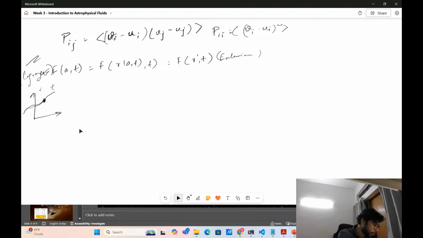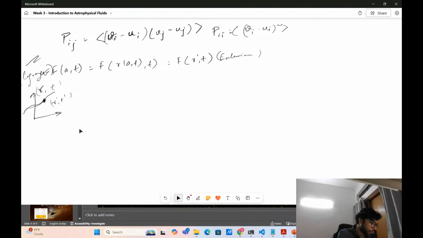And this is the position of the particle r comma t at this point. And in the Eulerian approach, this point is given as r prime comma t prime. So if the particle is at this point, the flow function should be the same in both Eulerian and Lagrangian approach, right?